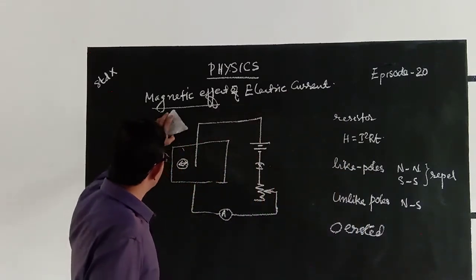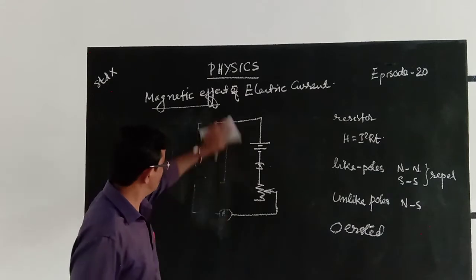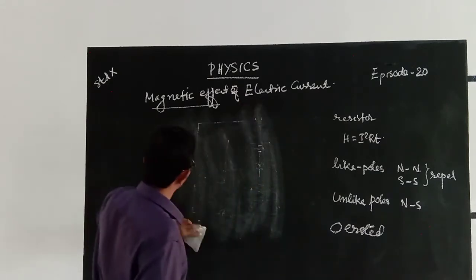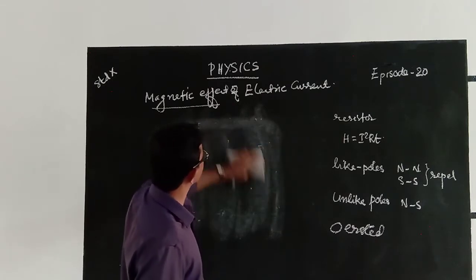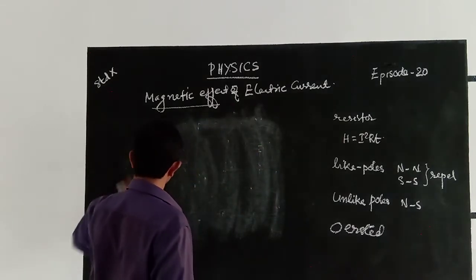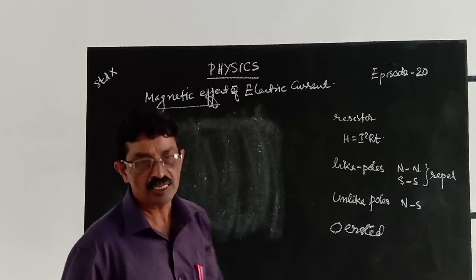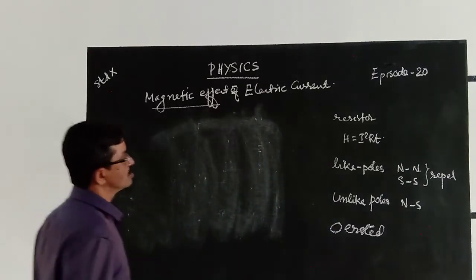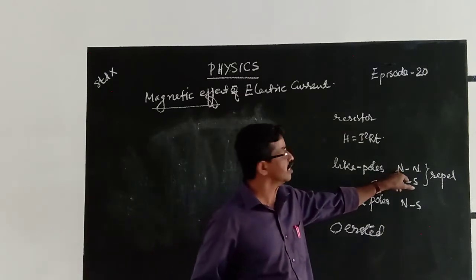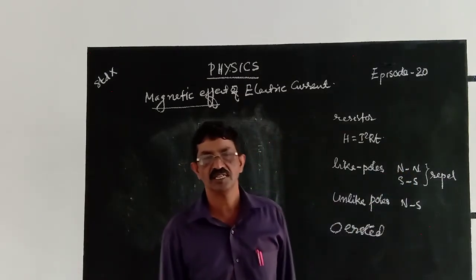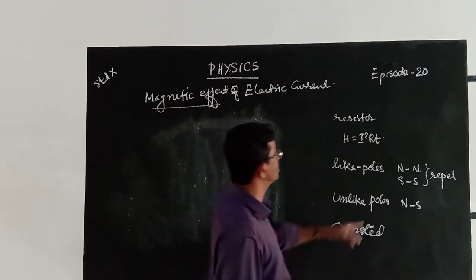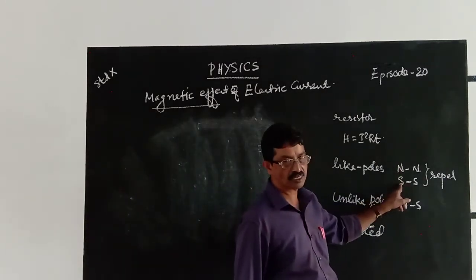Now we want to know more about the magnetic field. We know there are two poles in a magnet. Which are they? North and south.